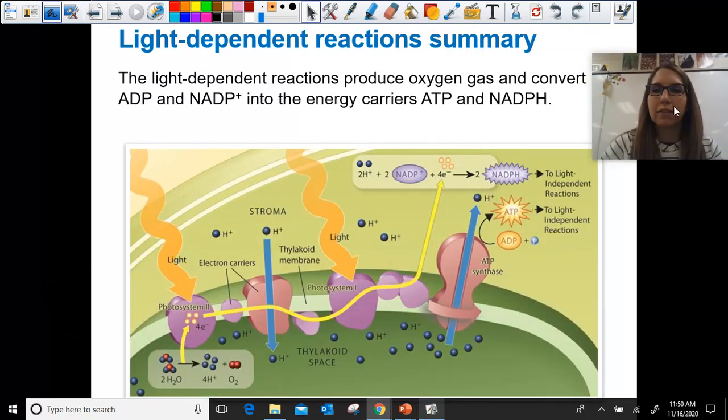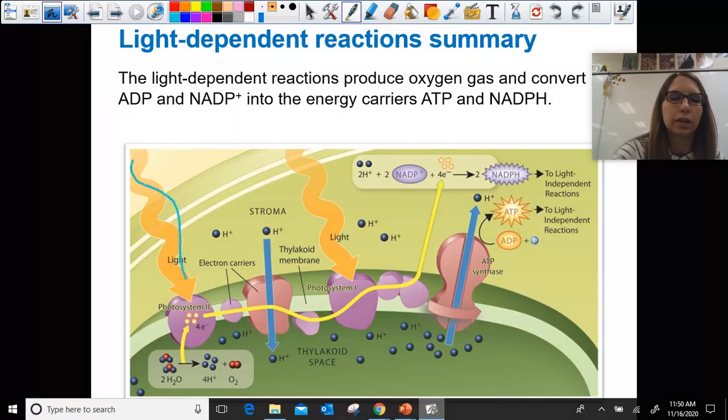Here is our summary image of what's happening. Again, we absorb light here. This is our first step. Light gets absorbed here, and as light is absorbed, we split water. That water releases electrons that will go through the ETC. So here's my ETC. My photosystem 1 here absorbs more sunlight.